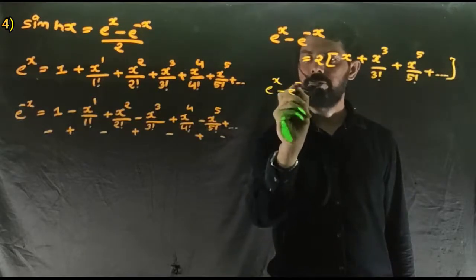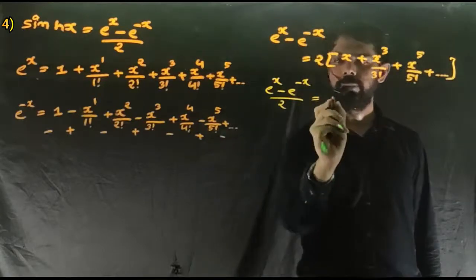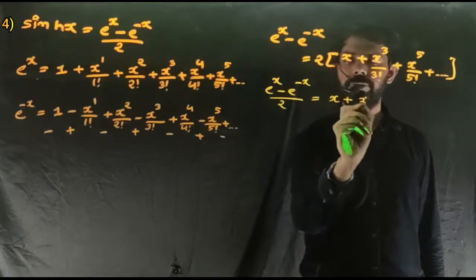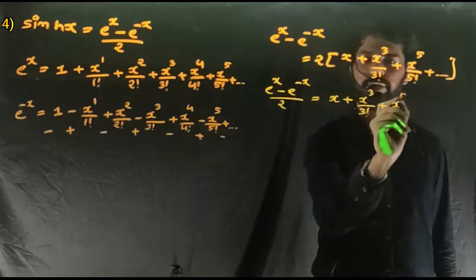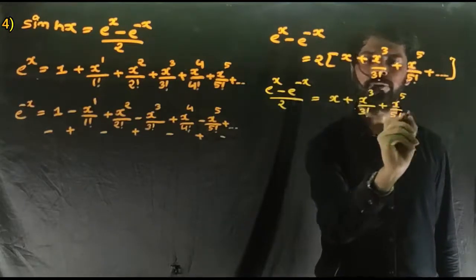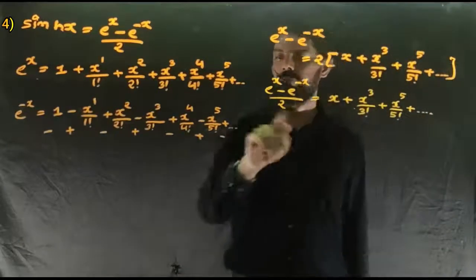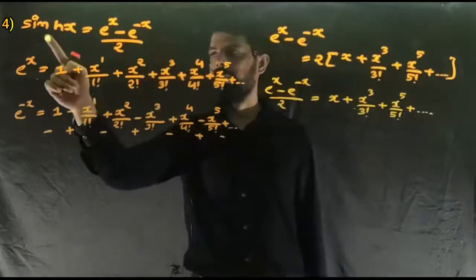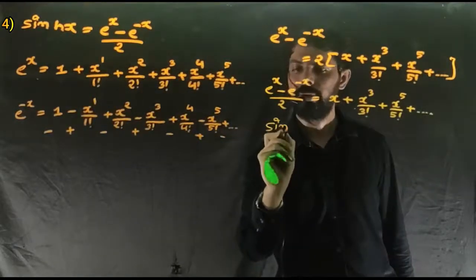So e raised to x minus e raised to minus x divided by 2 will be x plus x cube by 3 factorial plus x raised to 5 by 5 factorial plus so on. This is what it is, sine hyperbolic x, so we can replace it by sine hyperbolic x.